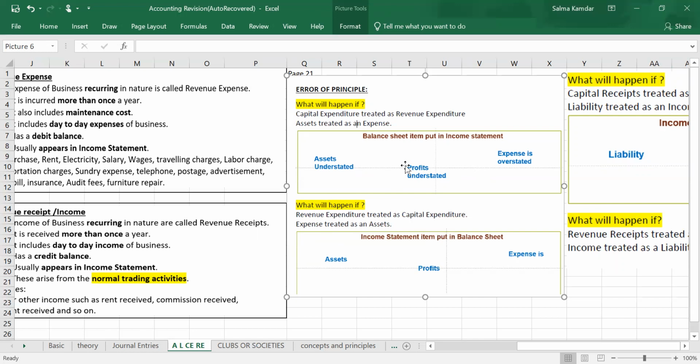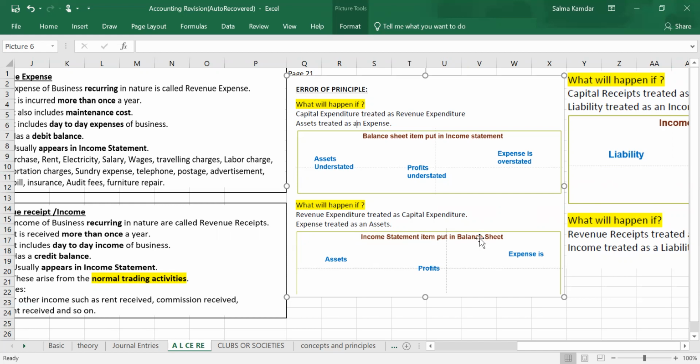No, it's not. When you're treating your revenue expenditure as capital expenditure, the items of the income statement are put in the balance sheet. Are you with me? Okay. What will happen if you treat items of your income statement as an item of your balance sheet?